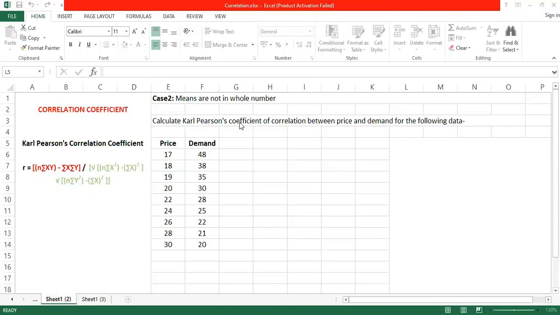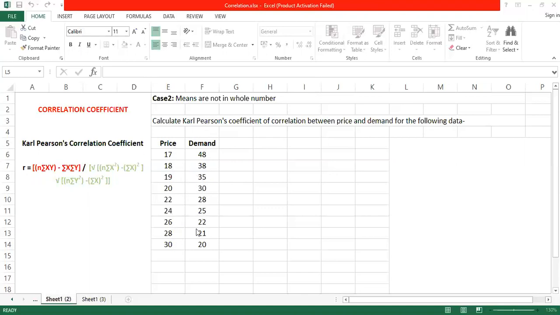Calculate Karl Pearson's coefficient of correlation between price and demand for the following data. We'll do a little revision here. In our last lecture, we said correlation is used in bivariate data. That means there should exist two variables. See, here is price, here is demand.